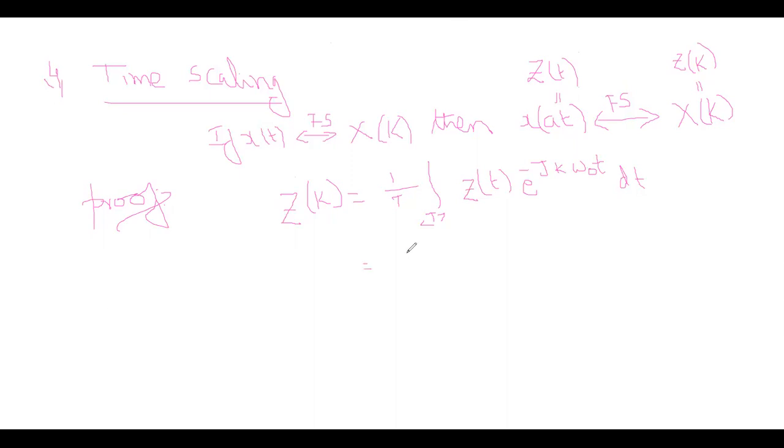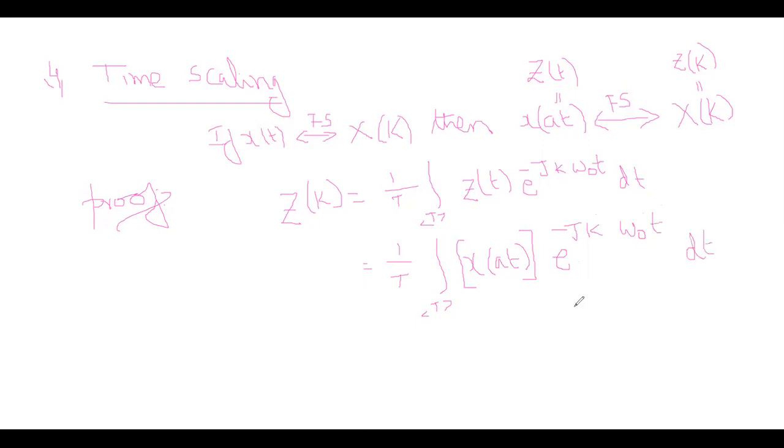Now I am substituting: 1 by T integral over T, replacing z of t as x of at, x of at e power minus j k omega naught t dt.